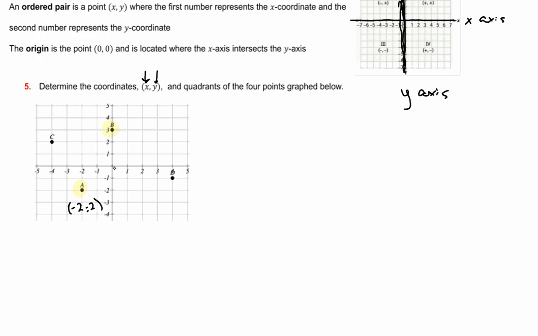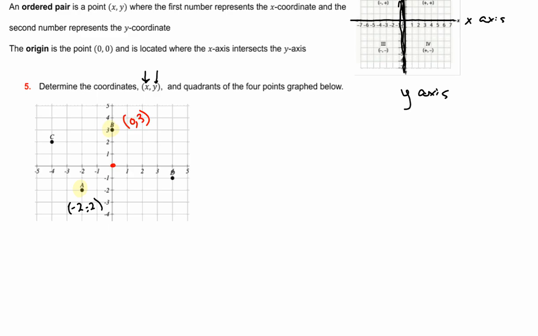We always come back to this origin right there. That origin is 0, 0. Everything is going to be in relation to that. This one is left and right none, so it would be 0, 3, because it's left and right 0, but up 3 from the origin.